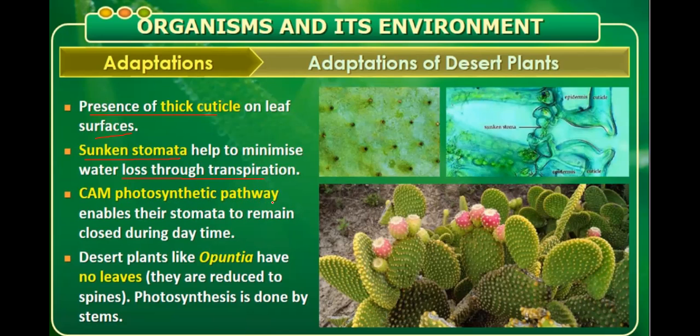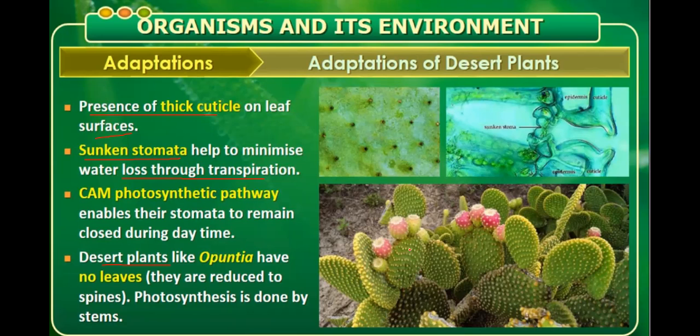Then the CAM photosynthetic pathway, Crassulacean acid metabolism. You may have studied Kranz in anatomy. They follow the CAM photosynthetic pathway, which enables their stomata to remain closed during the daytime. Desert plants like Opuntia have no leaves.